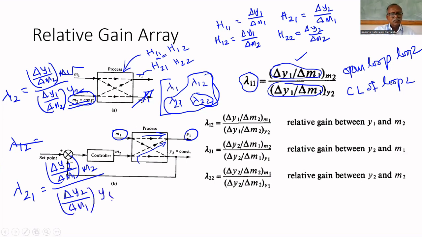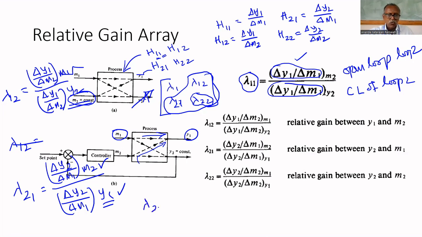That's all. How to write this M2 and M1? In the numerator, you have to keep constant the input which is not involved here. M2 is not involved here, so you have to keep M2 constant. In the denominator, you have to keep constant the output which is not involved here, Y1. Y1 should be kept constant. That way you can remember all the 4 lambdas.